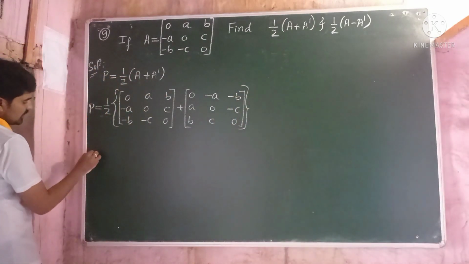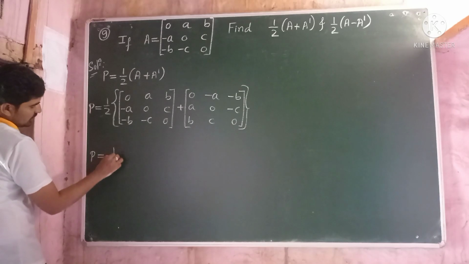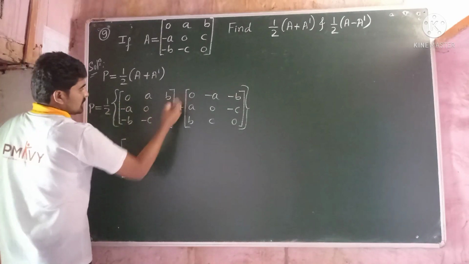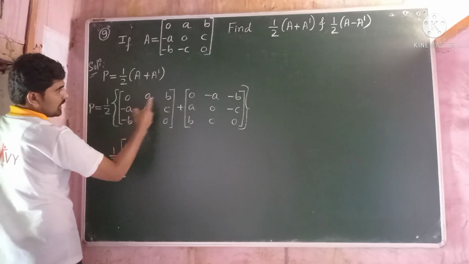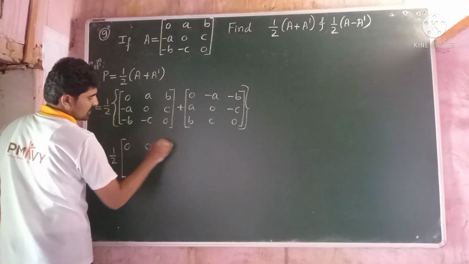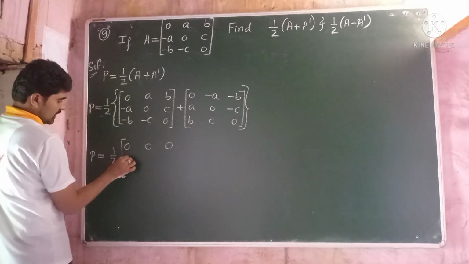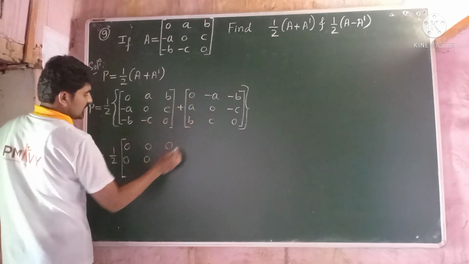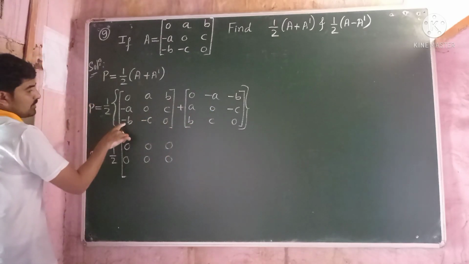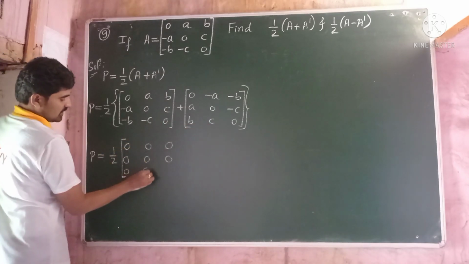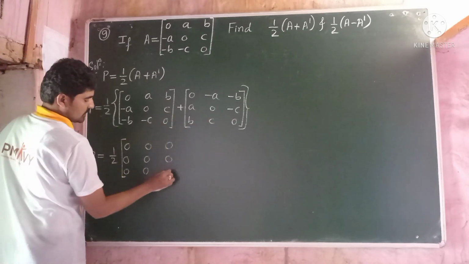Therefore the required P matrix equals 1 by 2 into 0 plus 0 is 0, A minus A is 0, B minus B is 0, minus A plus A is 0, 0 plus 0 is 0, C minus C is 0, minus B plus B is 0, minus C plus C is 0, 0 plus 0 is 0.